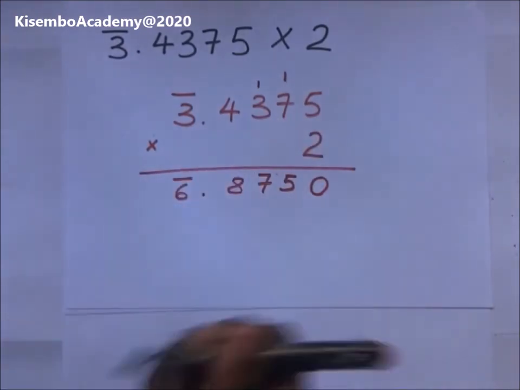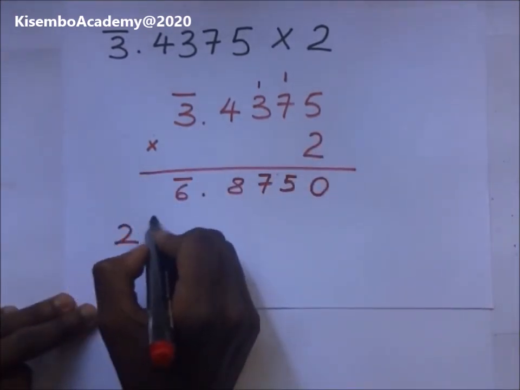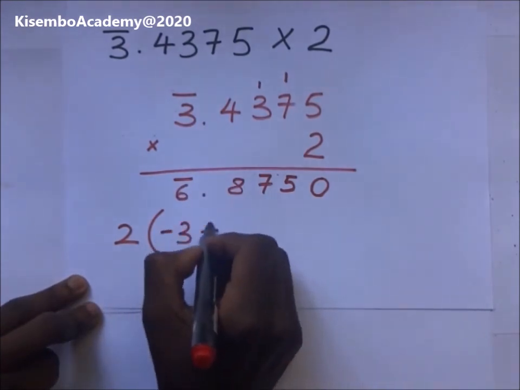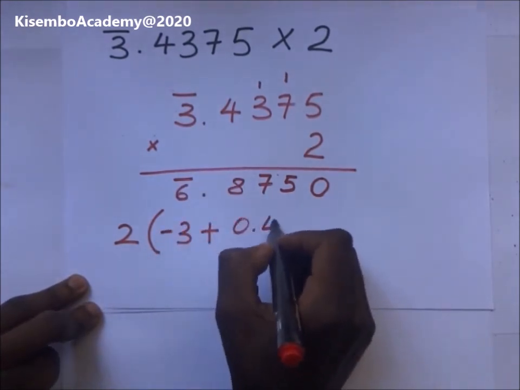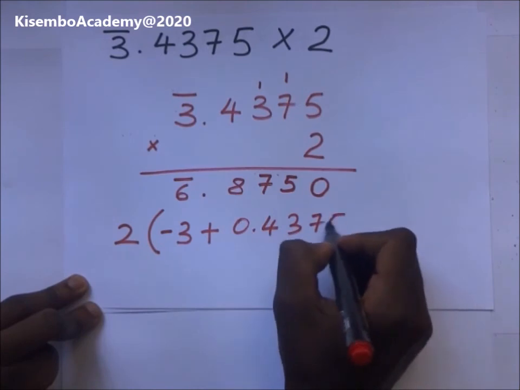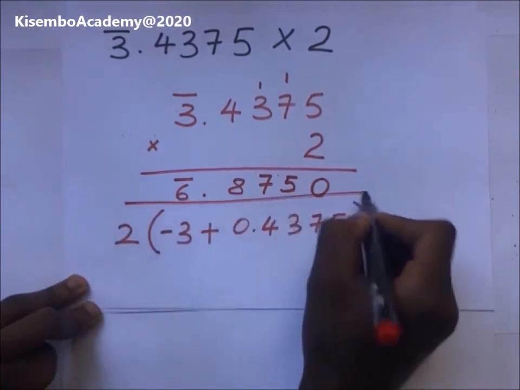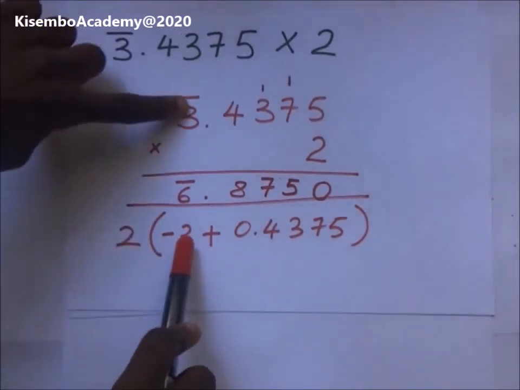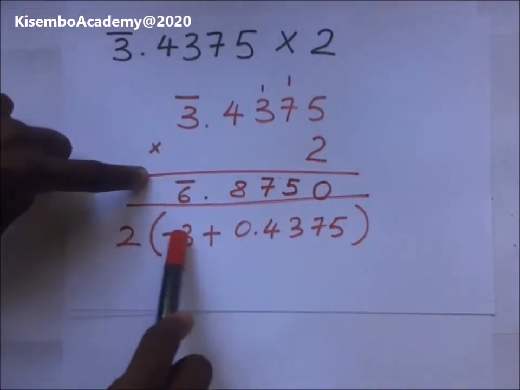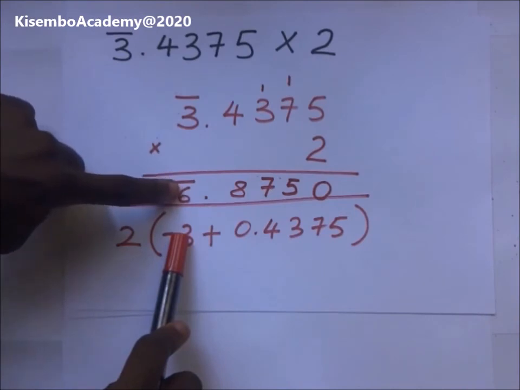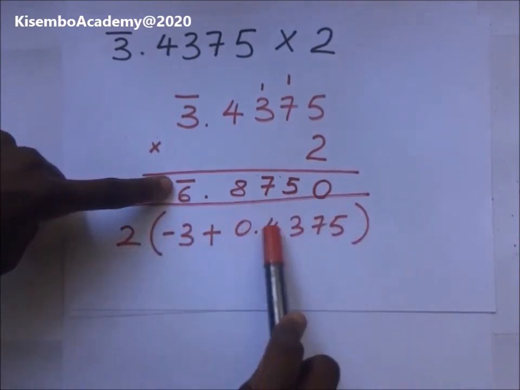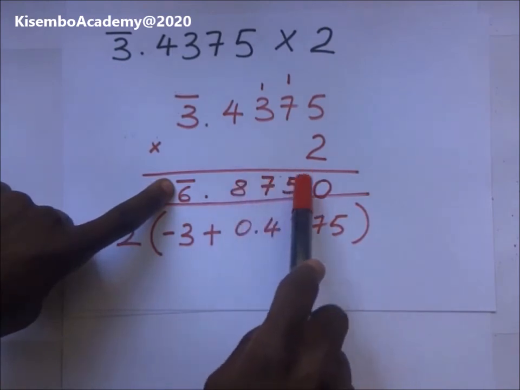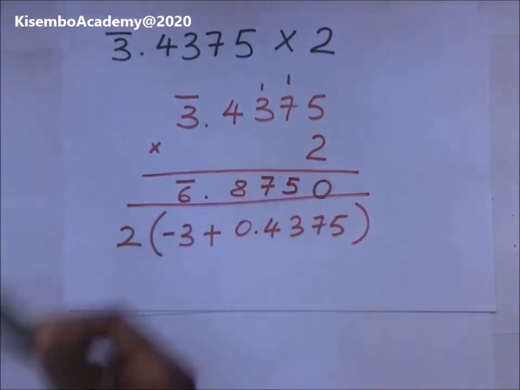If you look at it this way, this is like saying 2 multiplied by negative 3 plus 0.4375. This is how you should look at it: that this negative 3 is independent. 2 times negative 3 gave us negative 6. Then 2 times 0.4375 gave us 0.8750. That is how we should look at it.